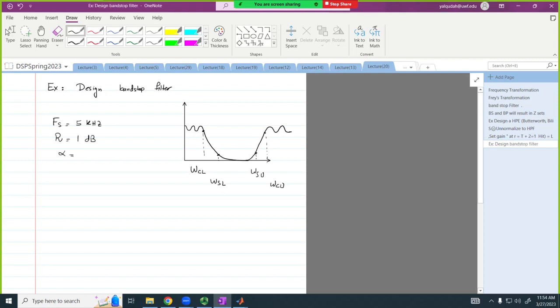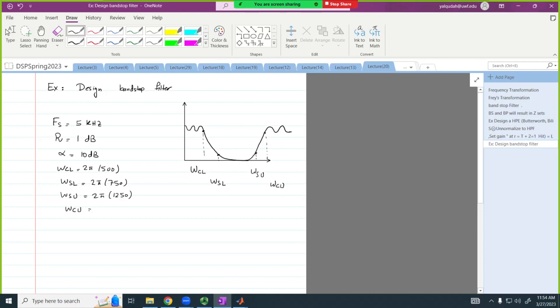We have alpha that is equal to 10 dB, and omega cutoff lower equal to 2 pi multiplied by 500. Omega stop lower equal to 2 pi multiplied by 750. And omega stop upper equal to 2 pi multiplied by 1250.